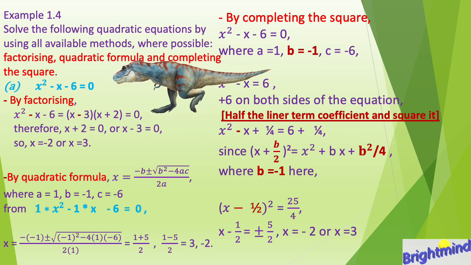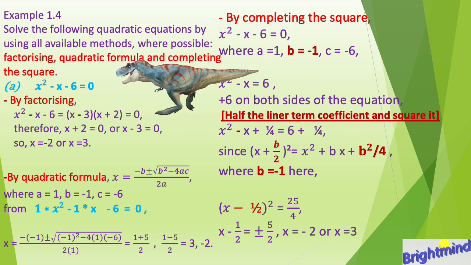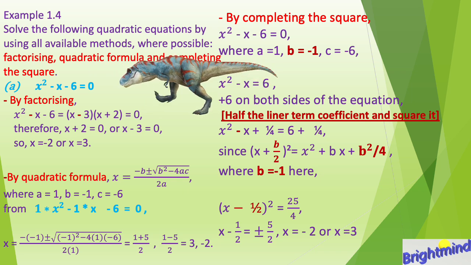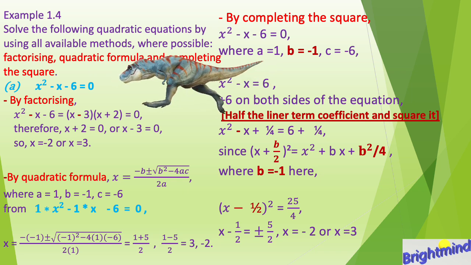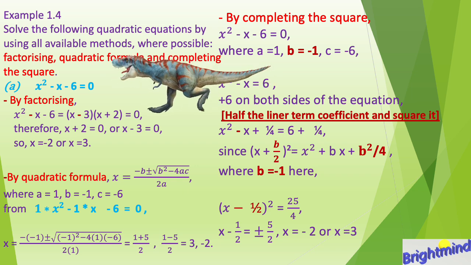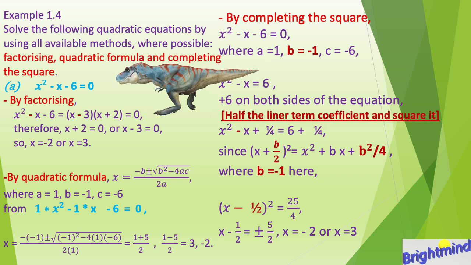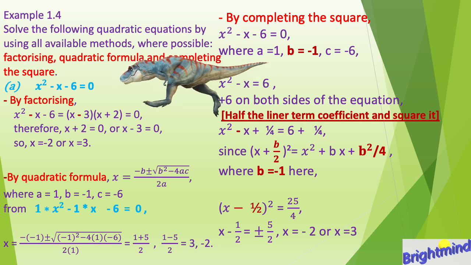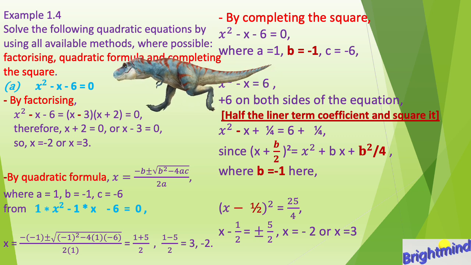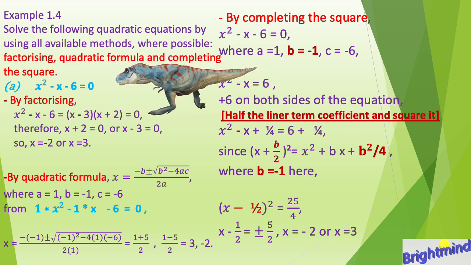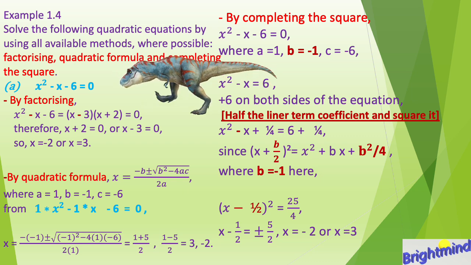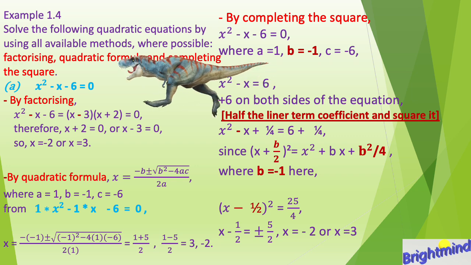Therefore, x squared minus x minus 6 equals (x minus 3)(x plus 2) equals 0. Therefore, we get two equations, x plus 2 equals 0 or x minus 3 equals 0. So x equals negative 2 or x equals 3.